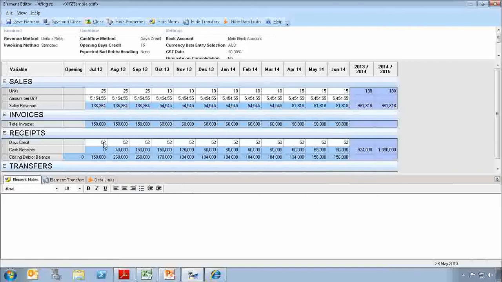So if we say to them, well, look, on average it's taking you 52 days to get paid. If we can help you with some changing of trading terms, and a few ideas on how to get that money in, let's just say we can get the average debtor days down to 40.